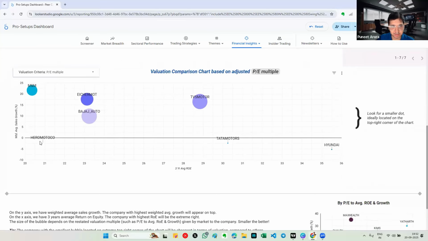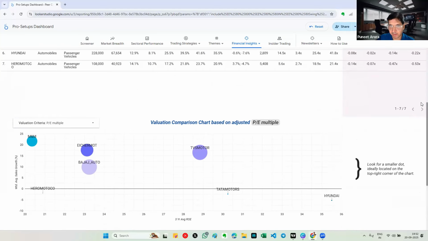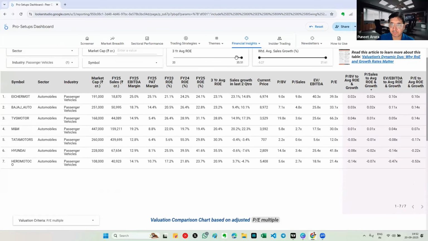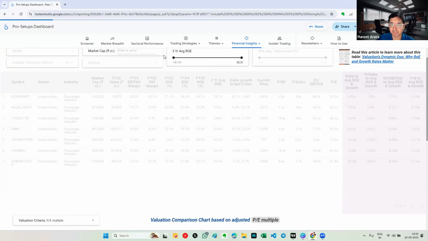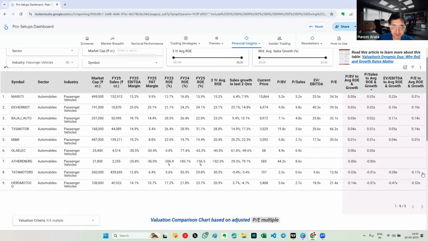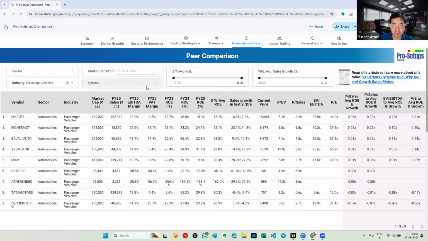Tata Motors and Hyundai are in losses, so their sales growth is declining. They have a negative sales growth, so they are appearing below the line. We have put a minimum ROE of 20%. So any outlier that comes over here, you can always remove from the symbol list to make sure the table appears neat and shows what you want to see.